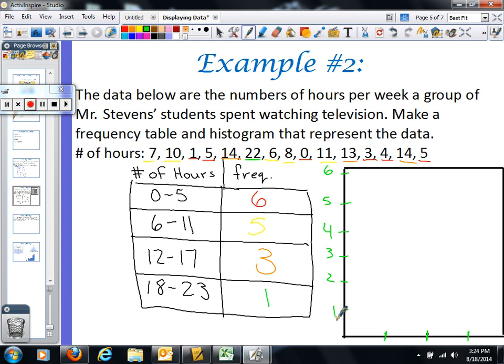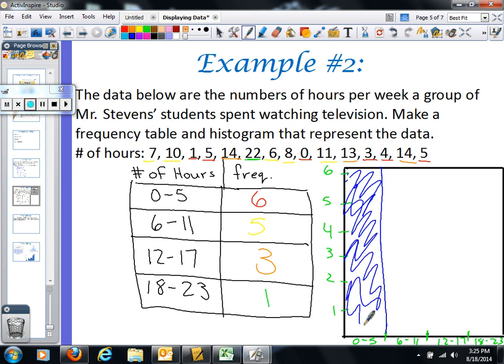So, 0 to 5, 6 to 11, 12 to 17, 18 to 23. 0 to 5, we had 6 times, so I'm going to extend this all the way up, and then I'm going to shade all of this in. 6 to 11, we had 5, which is about right here. So I'm going to extend this up, and again, please use a ruler.